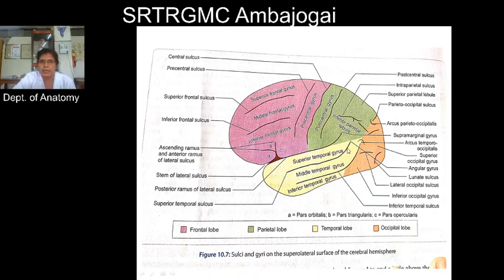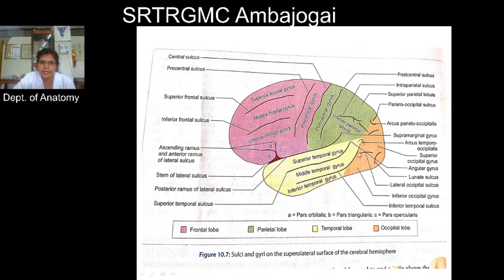Then similarly, this area of this inferior parietal lobule which is present around the upturned end of this superior temporal sulcus is called the angular gyrus. So in this inferior parietal lobule there are the supramarginal gyrus and the angular gyrus.